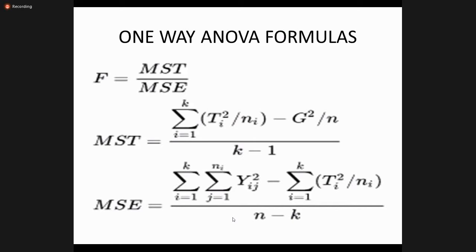You can do it manually, but this is not an easy job for a medical student. On the other side, you can use software. This is just for your knowledge. You do not need to remember it, but you should at least see the concept of how ANOVA actually works and what the formulas are. Basically, you solve this equation, and on this basis you put the results in to find the F distribution.